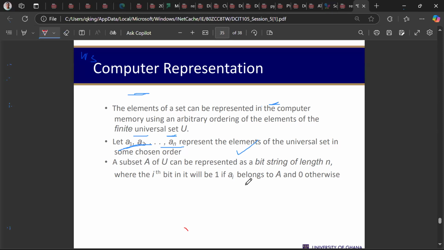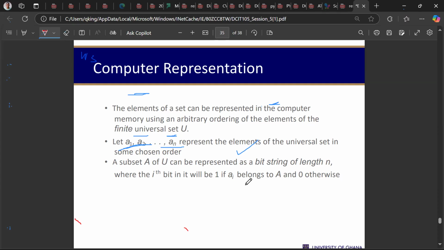What this means is that we need a defined universal set and an agreed upon order for its elements. So let's say a subset A of the universal set can be represented as a bit string of length n, where the ith bit in the word will be 1 if the ith element belongs to A, and 0 otherwise.